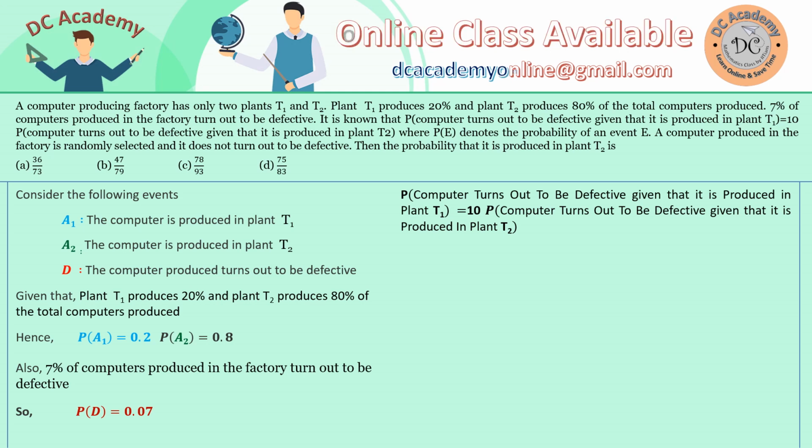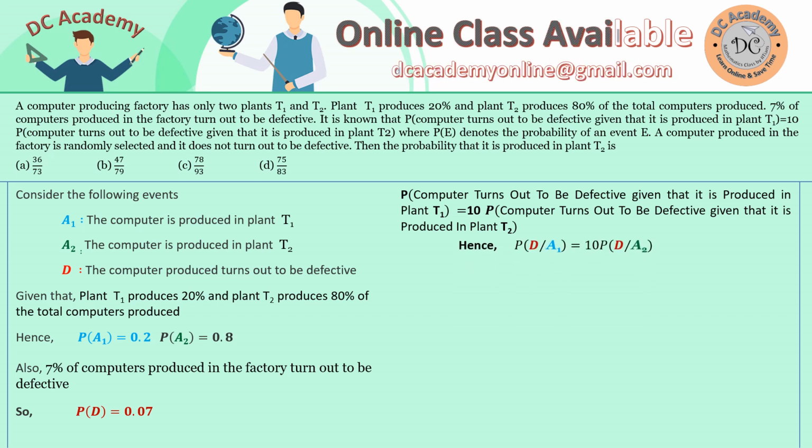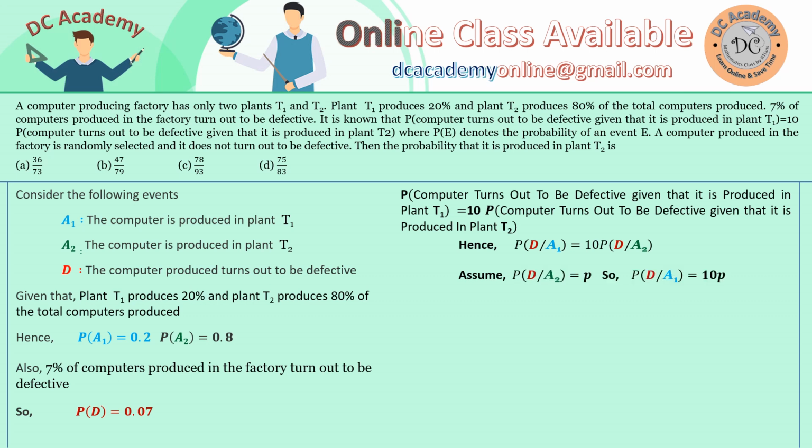It says the computer turns out to be defective, so the probability of D under the condition that it is plant T1, D by A1, is equal to 10 times the probability of D by A2. That's the given condition. Here we notice they have a relation, so we can consider that probability of D by A2 is P, and obviously the other one will be 10P. That's the given interpretation.